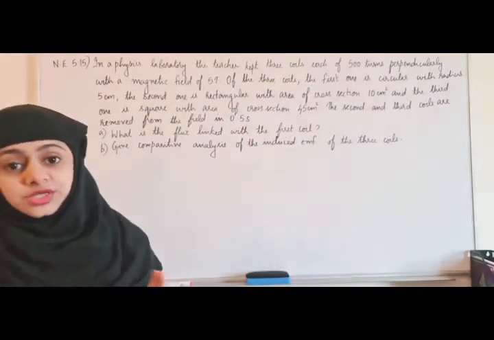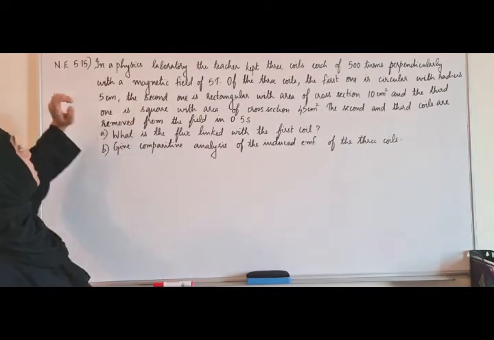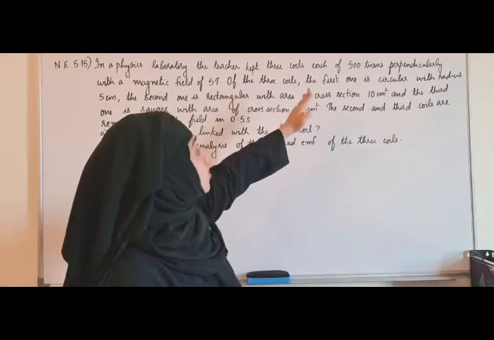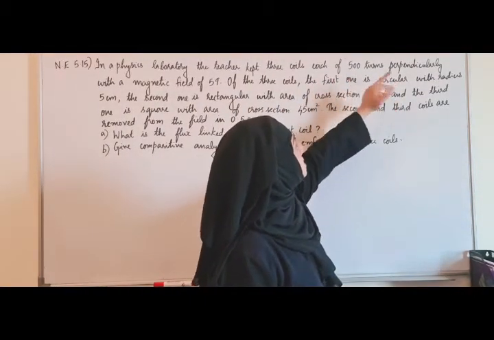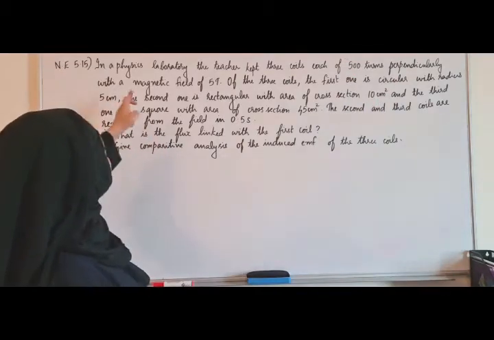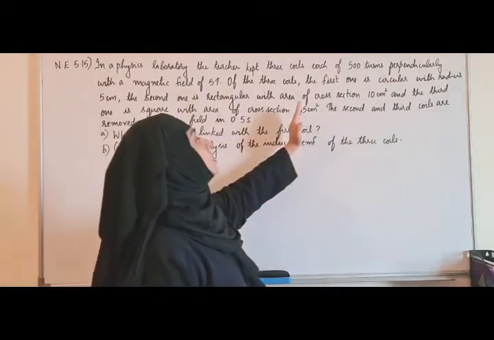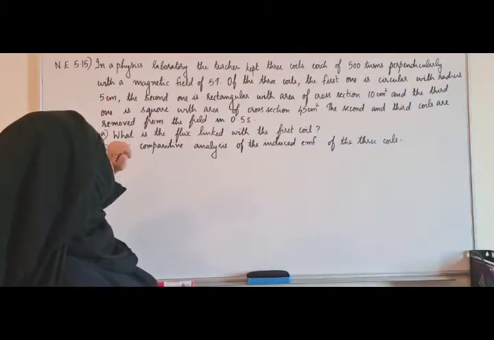Now, question number 515, again from the textbook, says that in a physics laboratory, the teacher kept 3 coils, each of 500 turns, perpendicular to a magnetic field of 5 Tesla. Of the 3 coils, the first one is circular with radius 5 centimeter.